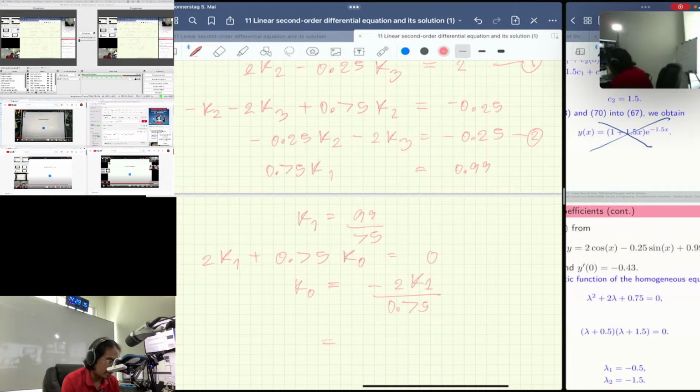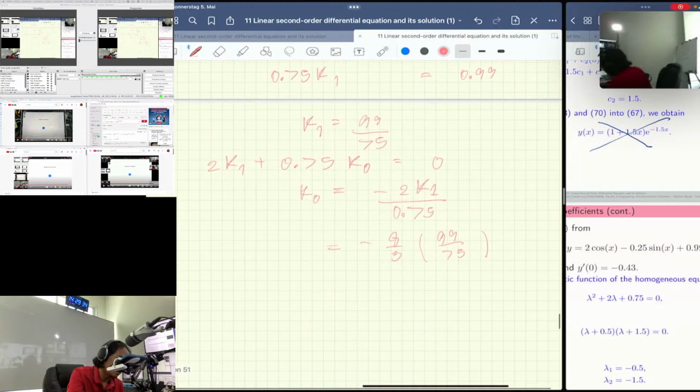And there you have, I don't know how to say it, negative 8 over 3 times k1, which is 99 divided by 75.